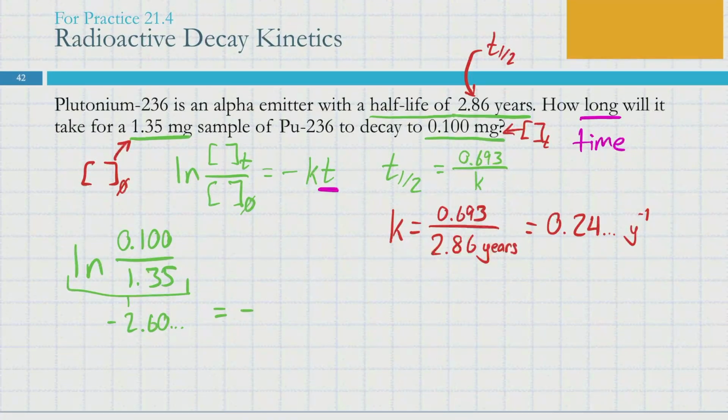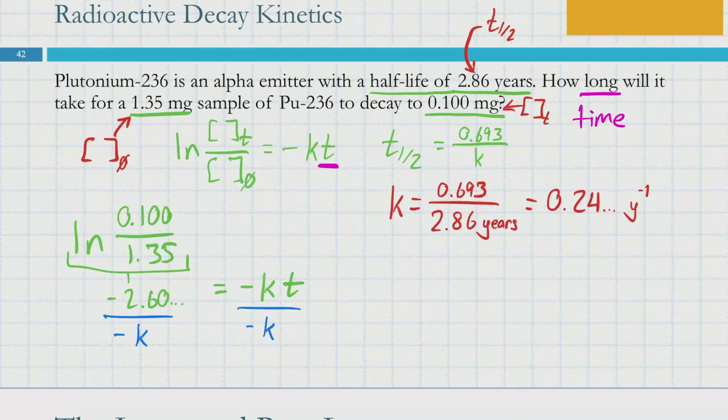And this is equal to negative kt. Then we divide both sides by negative k, negative k being negative 0.24 inverse years. I'll leave it as negative k on the right side so it cancels.